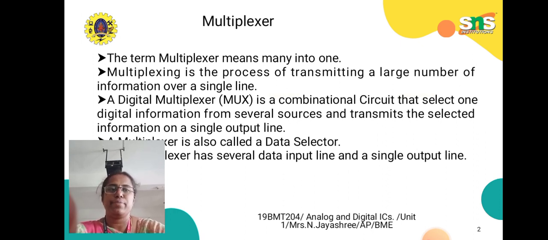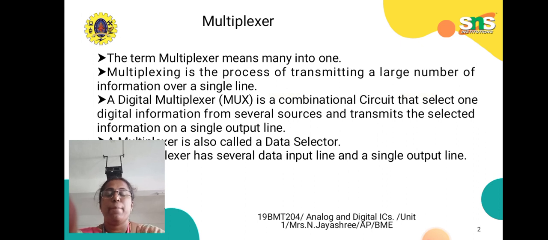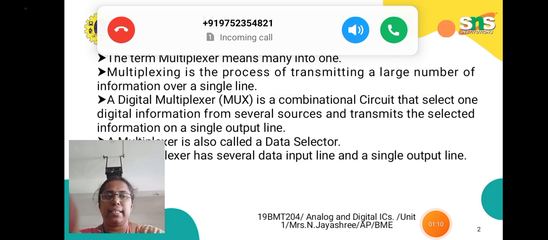The term multiplexer means many into one. Multiplexing is the process of transmitting a large number of information over a single line. A digital multiplexer is a combinational circuit that selects one digital information from several sources and transmits the selected information on a single output line. Multiplexing is also called a data selector.